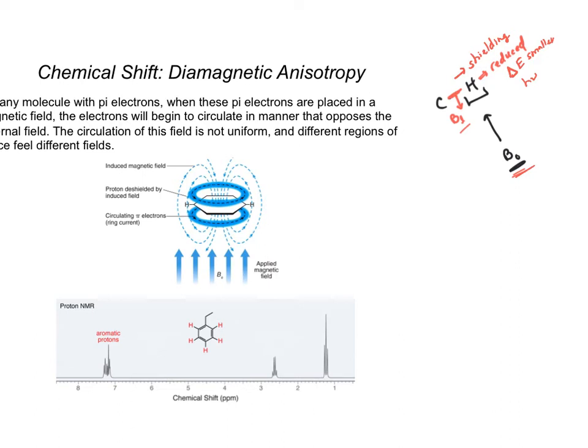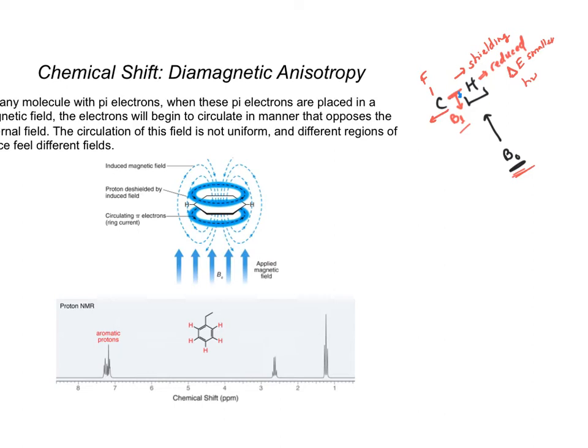Okay, now, when we talked about inductive effects, all that was doing is saying, okay, if we put in some sort of really electronegative group, that's going to remove a lot of that electron density away from our nuclei. And so because of that, they're going to still circulate, but there's not going to be as many of them. And so they're only going to generate a tiny magnetic field that's going to oppose the external magnetic field, right?